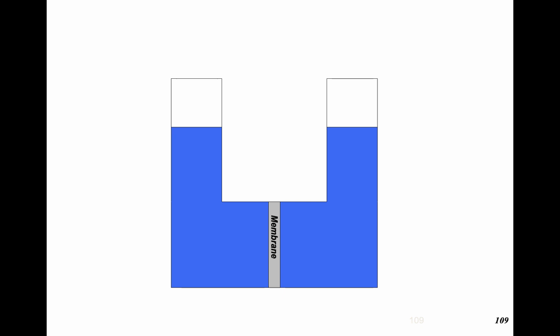osmosis. And just to take you back a little bit to high school chemistry, perhaps. We consider a membrane that has two aqueous solutions on either side, and the membrane is permeable to water but not to salt. And we put salt water on one side of the membrane and fresh water on the other.